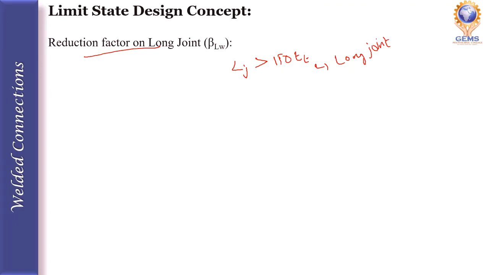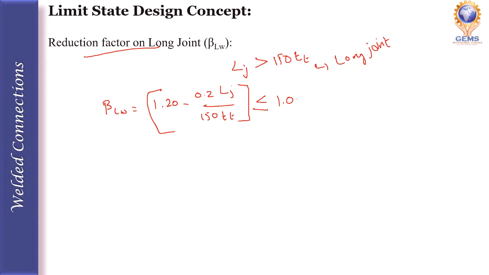Then we have to use the reduction factor. That reduction factor formula is beta LW equal to 1.20 minus 0.2 Lj divided by 150 Tt. This reduction factor is less than or equal to 1.0. It should not be above 1.